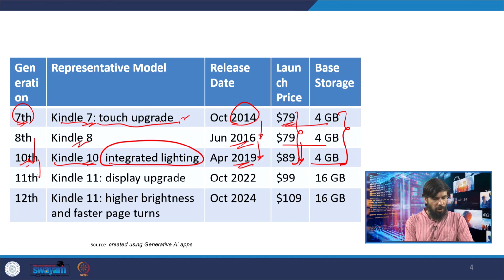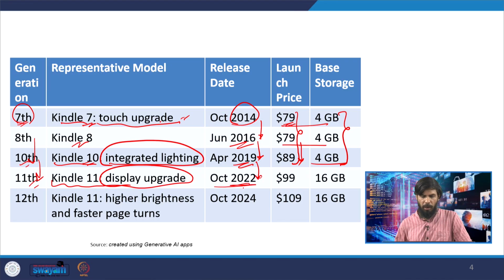Now, from 10th generation when we move to 11th generation, there was a display upgrade. Again it took 3 years, 2022, and for this upgrade the price was also slightly increased to 99 USD. Now, the storage, if you see, has a 4 times increase.